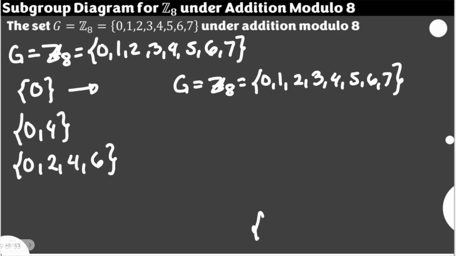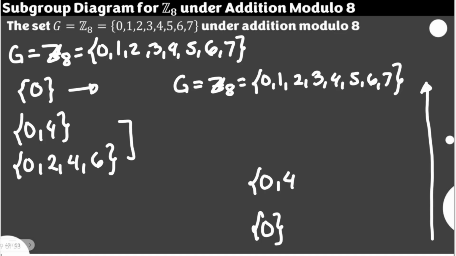We have here 0. Our next task is to place the other subgroups somewhere here, such that we actually come up with a certain order where the subgroups at the bottom are subsets of those at the top. Now, if I'm going to place the subgroup of order 2, I can place it here, 0 and 4.